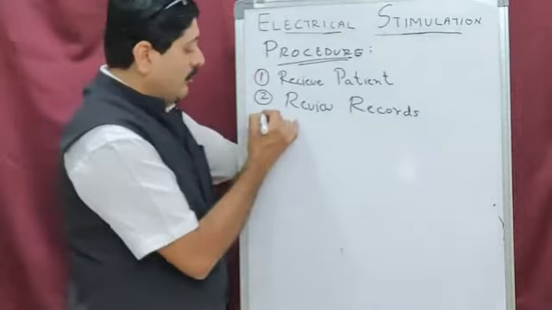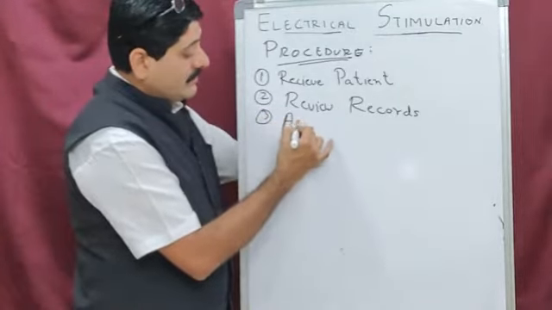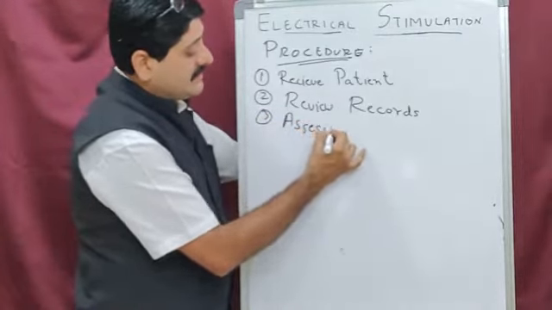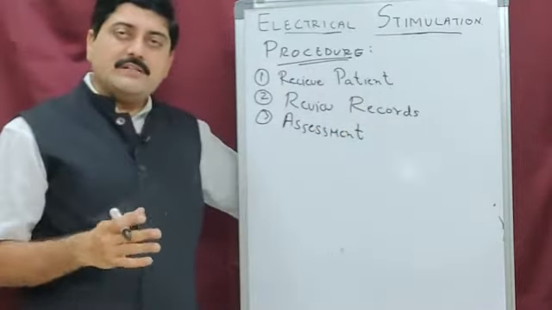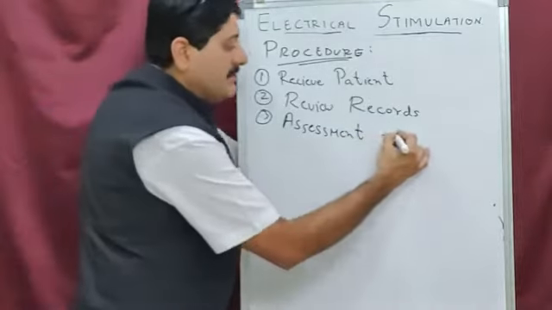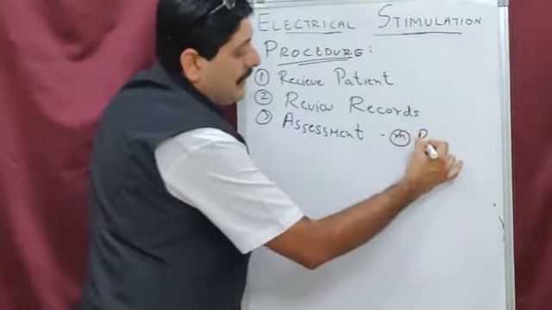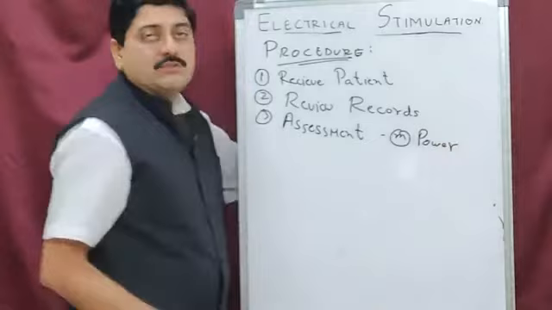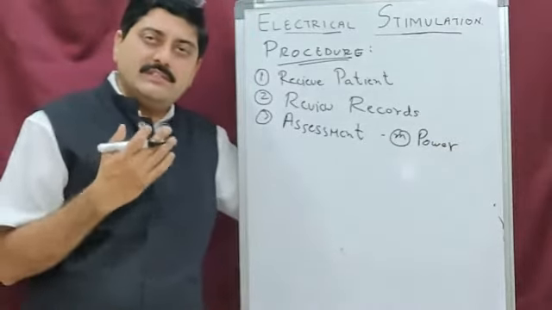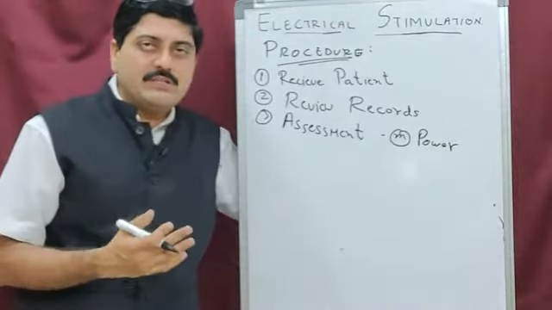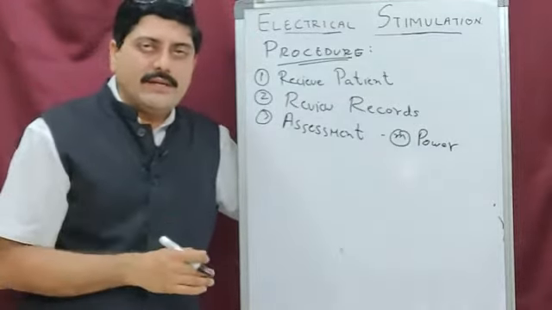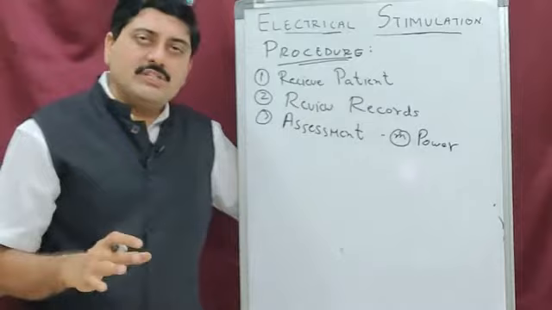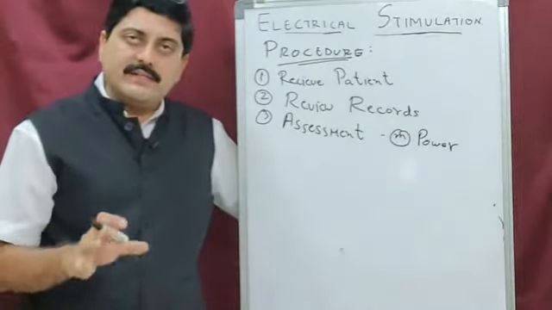So we are going to go for reviewing record. Then we are going to go for assessment of patient. We are going to check the patient. We are going to check the muscle power. Okay. There are so many things on how to assess the patient that will be covered in your other subjects, so I am not going to get into detail of that, but you assess the patient of what is the present condition.